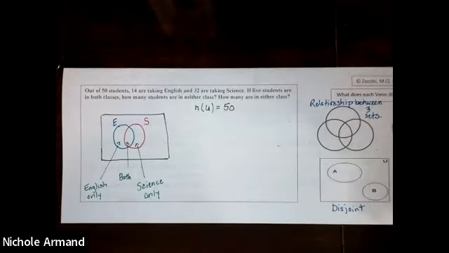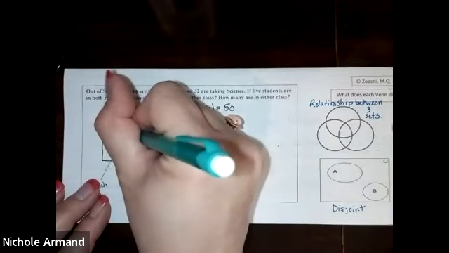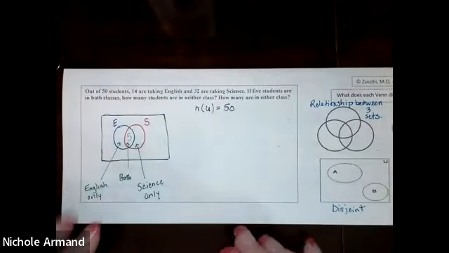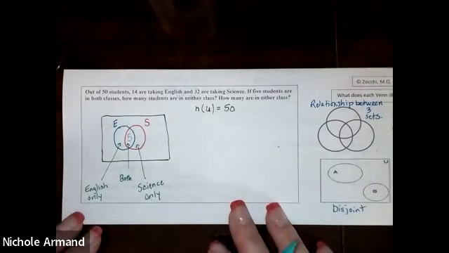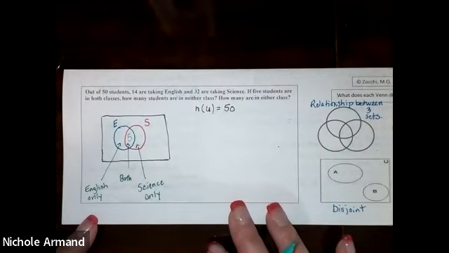So the thing I like to fill in first are the ones that are in both classes. It says 5 students are in both classes. So that means I'm going to put a 5 right here in the middle, because there are 5 students that are taking both English and science.